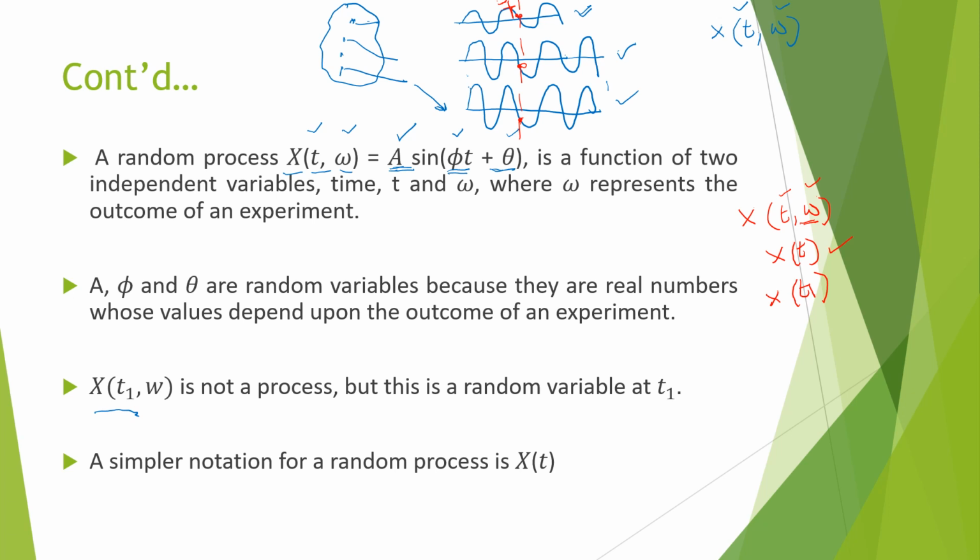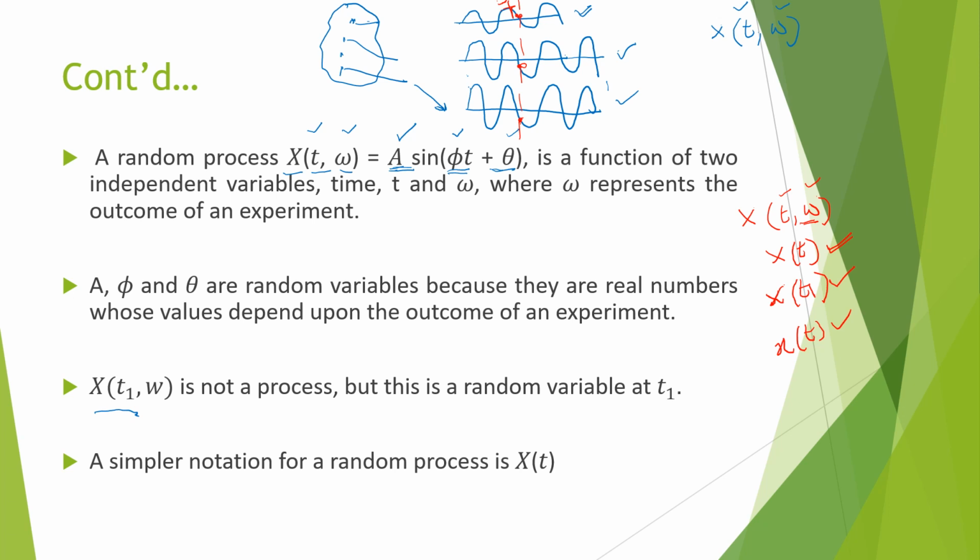So capital X within brackets t indicates the random process. Capital X within brackets t1 indicates the value of the process at time t1, which is a random variable. If I simply write small x(t), it is a time function.